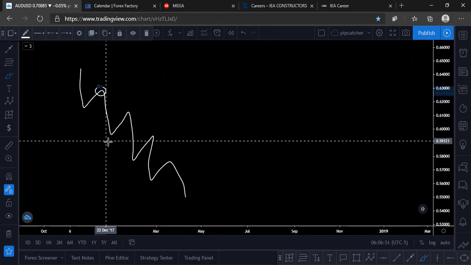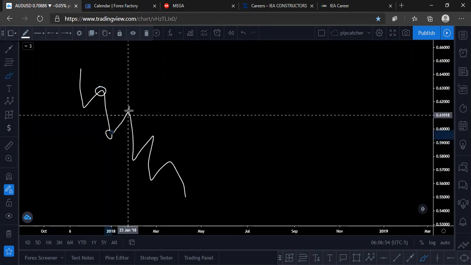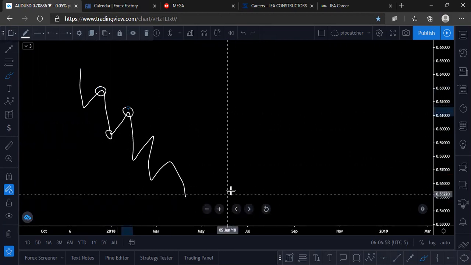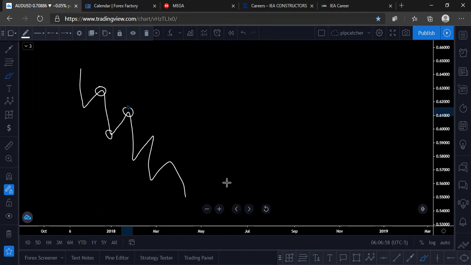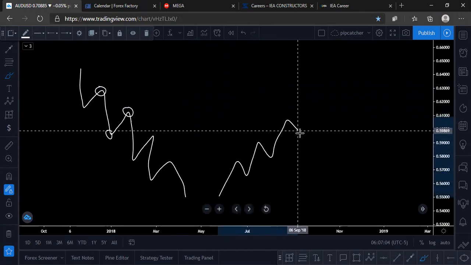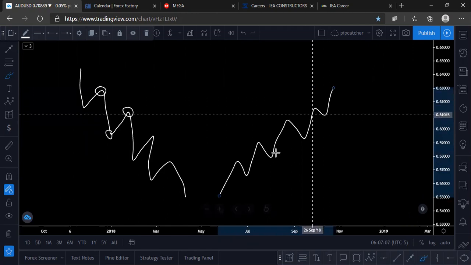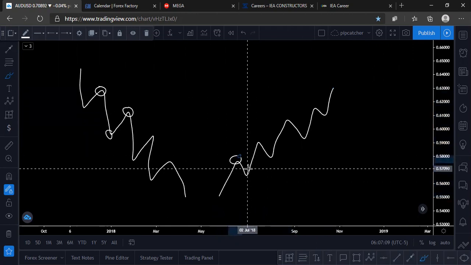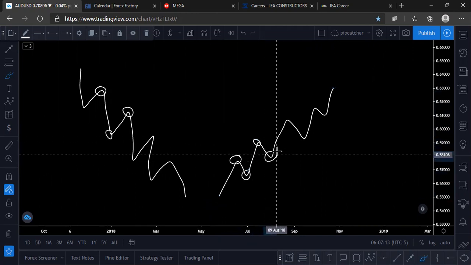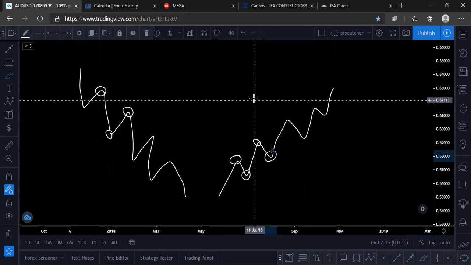So you have lower high, lower low, lower high, and so on. Traits of an uptrend are when you see higher highs and higher lows, like such, right? So you have higher high, higher low, higher high, higher low, and so on.